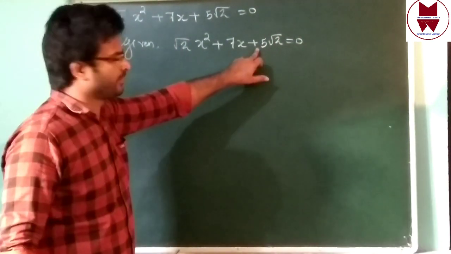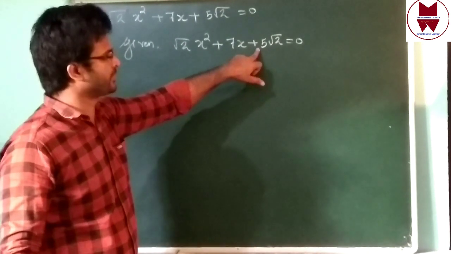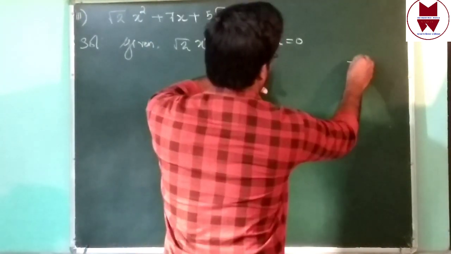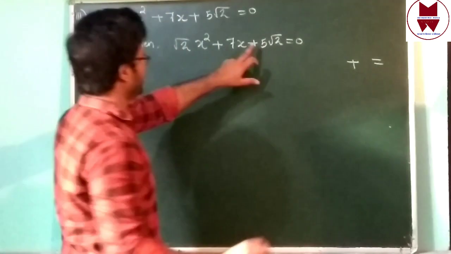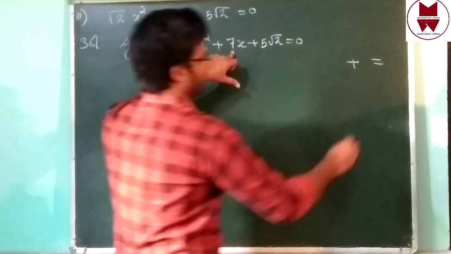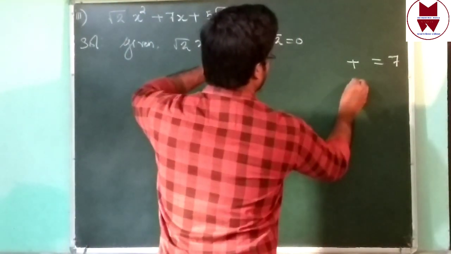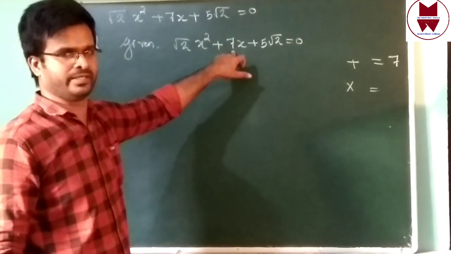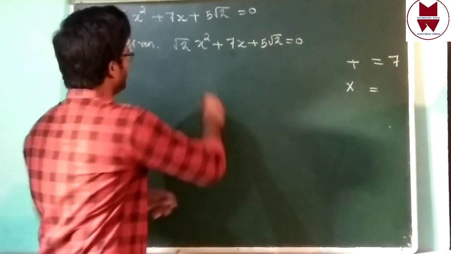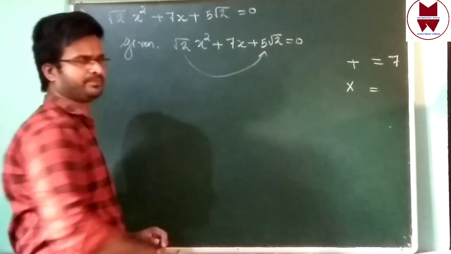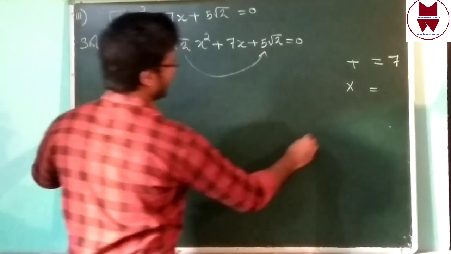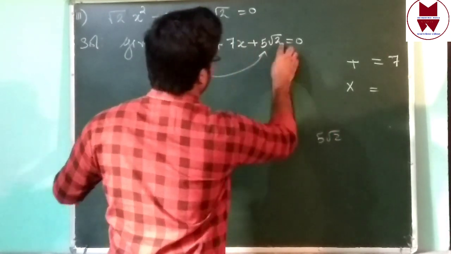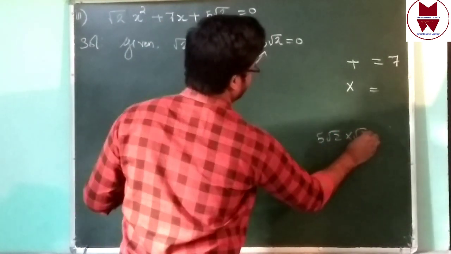Second, in here plus, the sign of constant plus means we will use addition. When you add any two numbers, we need answer 7. Use same numbers to multiply. When you multiply, what we need? 5 root 2 and this root 2. Multiply, what you will get?